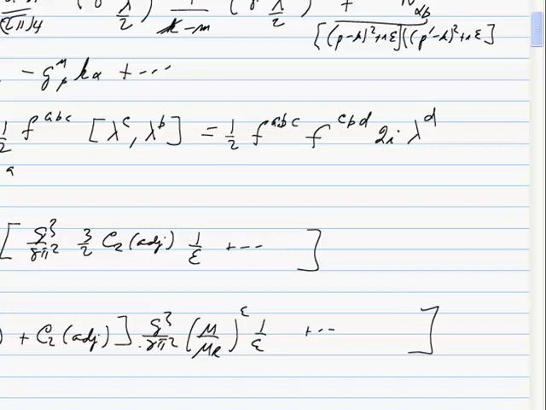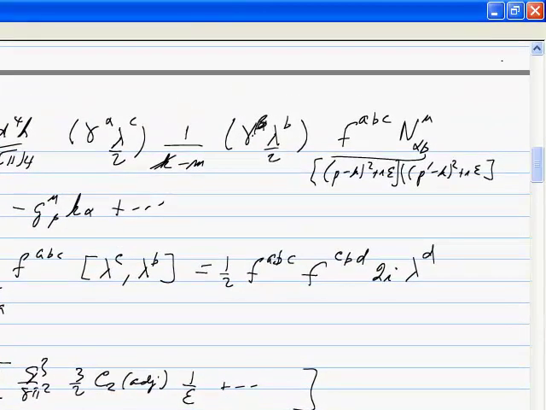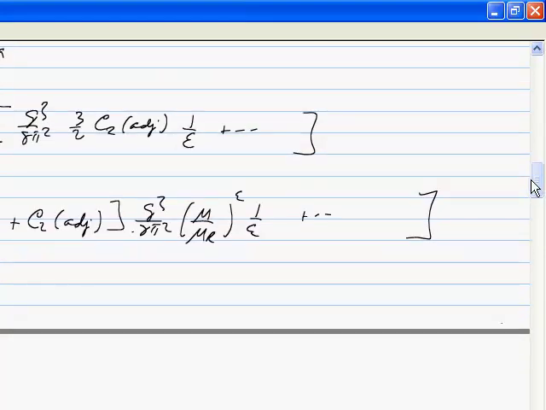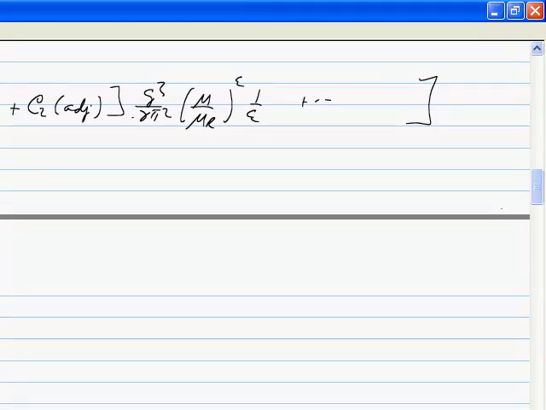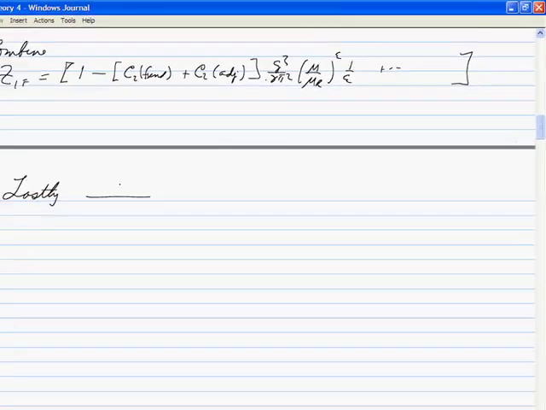So the p squared is turned into mu r squared, the renormalization point, and we're taking the same renormalization point as we take for the gluon wave function renormalization. Last bit is we have to do wave function renormalization.